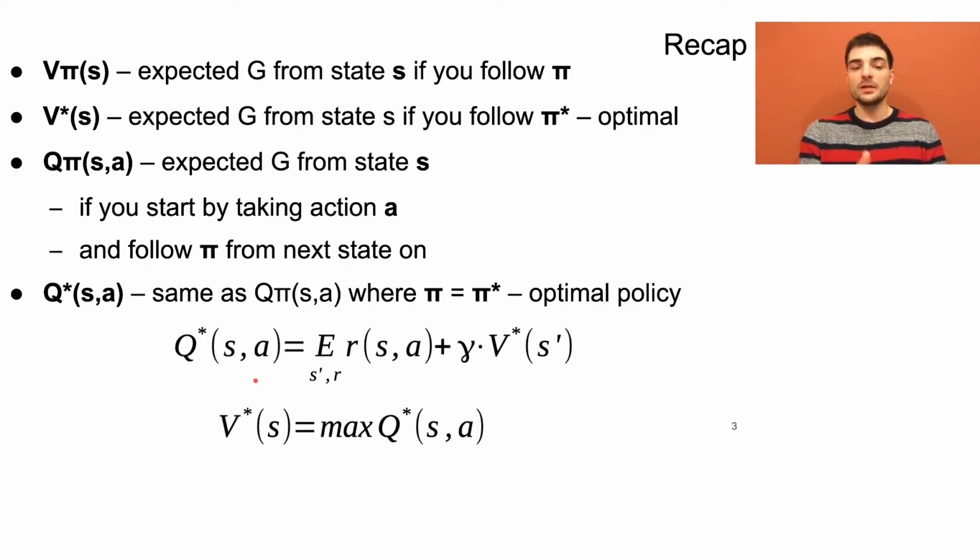Q* is the expected value of the reward for action a in state s, plus gamma multiplied by V*, and V* is just the maximum out of all possible Q functions for all possible actions in state s. And as you can see, we can substitute V* here and see that it's reward plus gamma multiplied by a maximum Q function, and so on.